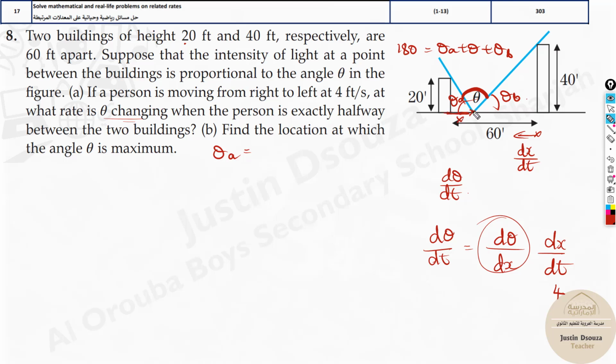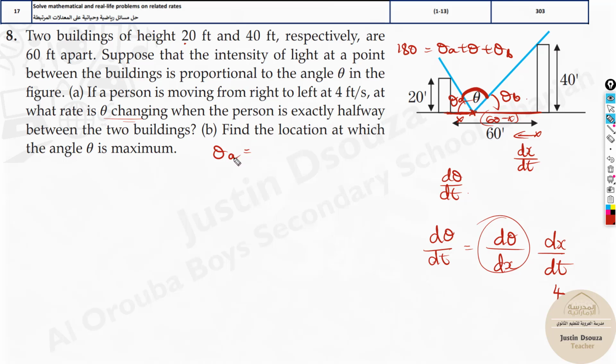So the distance covered on the other side will be 60 minus x, because the total is given. When the person is at 30, it will be 30 and 30 both. But here, if we consider the left side distance to be x, the right side will be 60 minus x, because this is the point in consideration. Over here, the theta is happening, right?